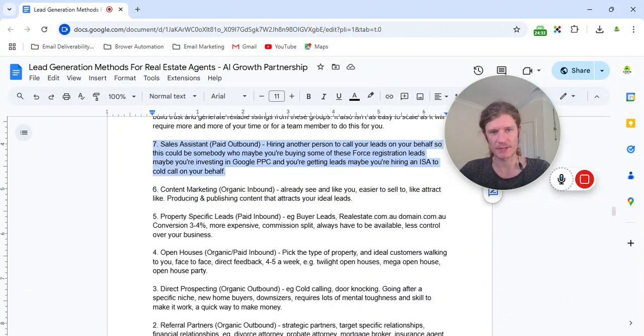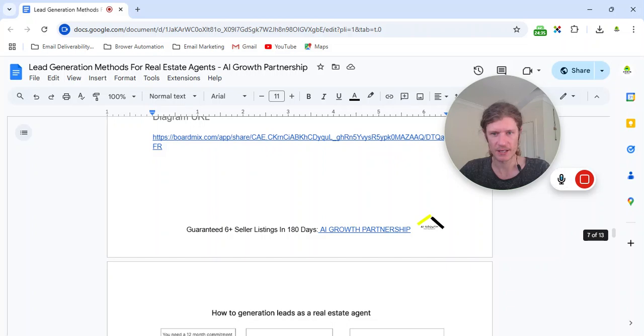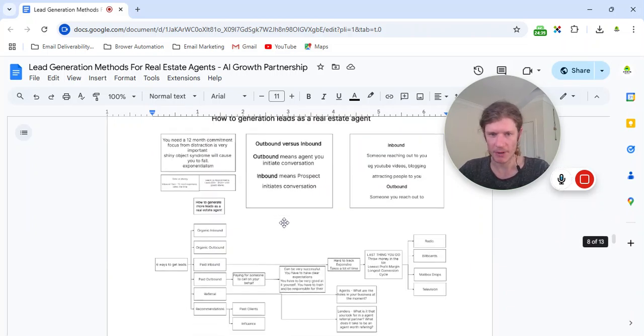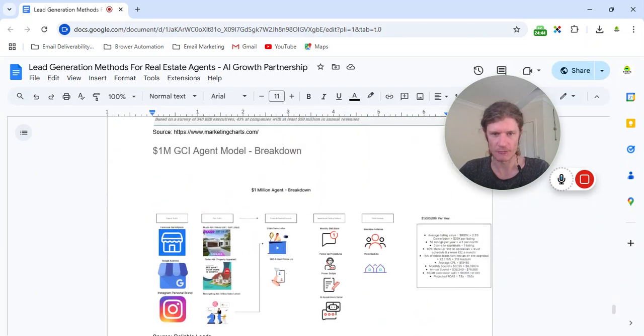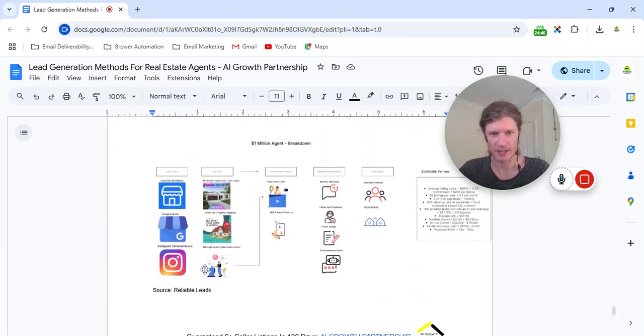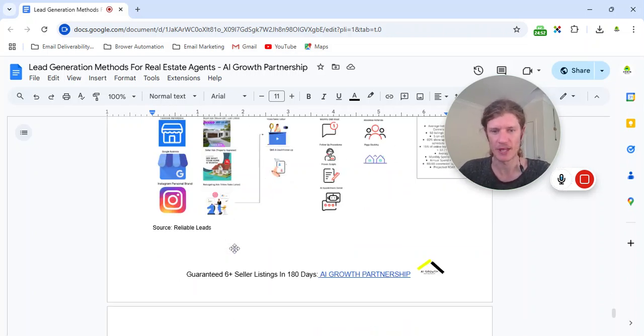So number 7 here is also what we do at AI Growth Partnership, and it's basically mimicking the success of this flow that has been used in the industry by Reliable Leads for a few years at least now.